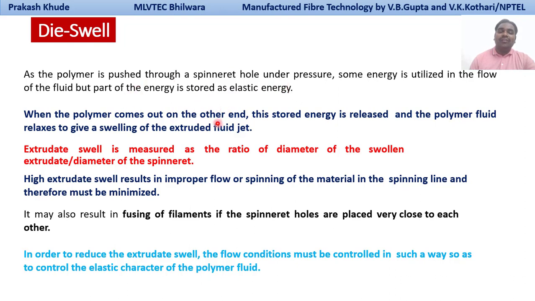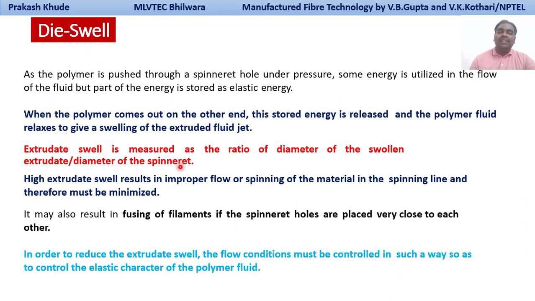When the polymer comes out the other end, this stored energy is released and the polymer fluid relaxes, causing swelling of the extruded fluid jet. That phenomenon we call die swell.